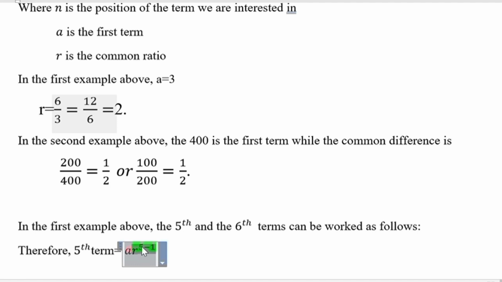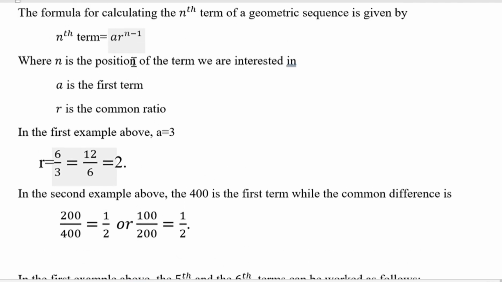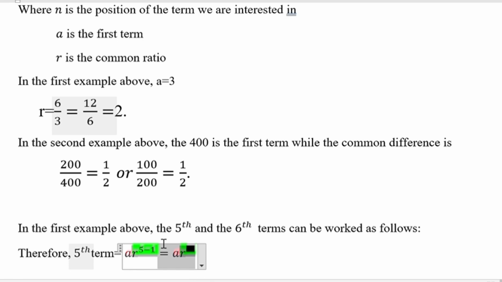Why 5? 5 because we are looking for the fifth term. So it will be 5 minus 1, because in the formula, we take the term we are interested in minus 1. That will give us the value to use as the power of r. So that means this will simplify to ar raised to power 4.